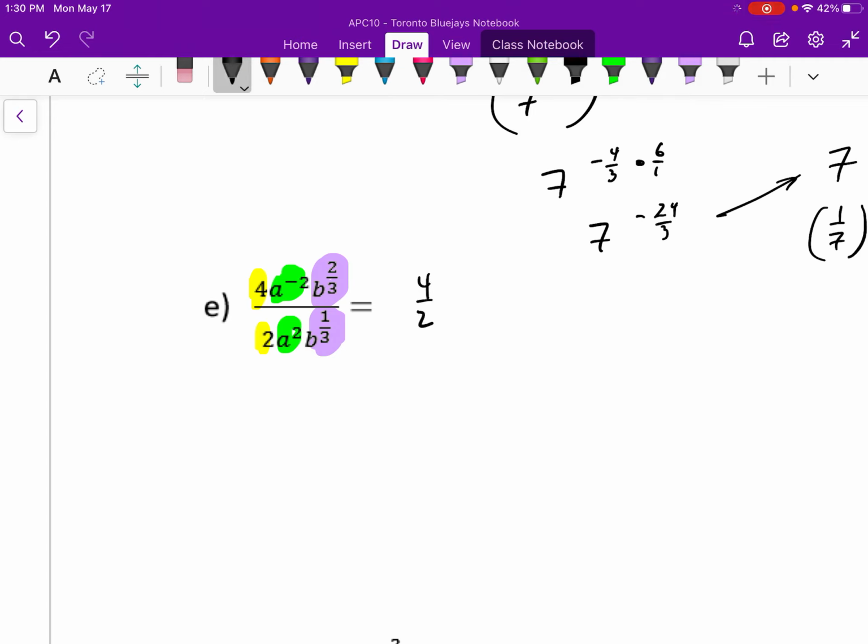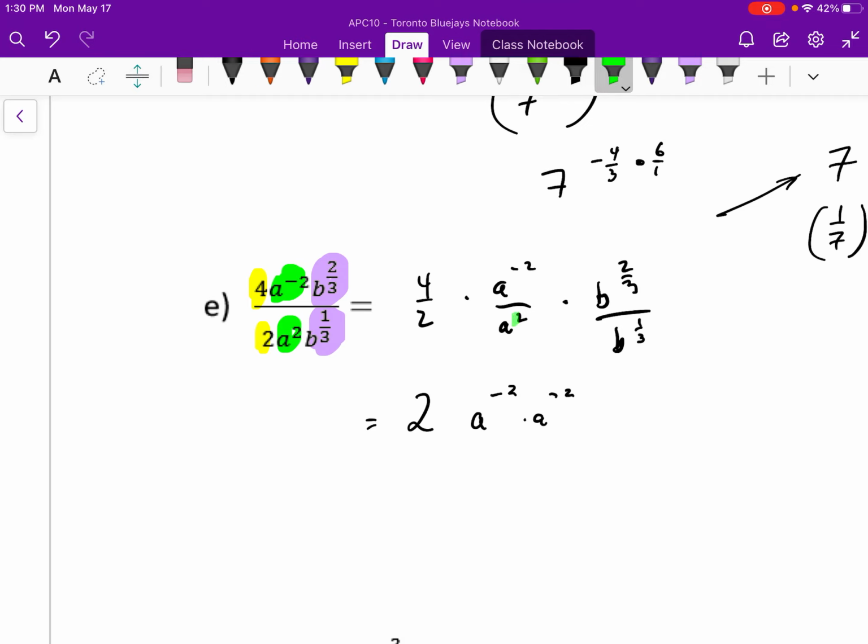So I'm going to say this is 4 divided by 2 times a over 2 over a squared times b to the power of 2/3 over b to the power of 1/3. And I'm hoping you're able to pick this off fairly straightforward. And really, this is 2 to the power of a minus 2 times a minus 2.